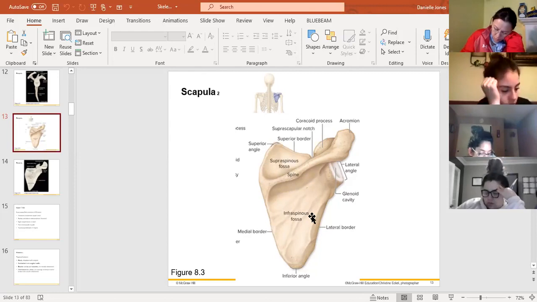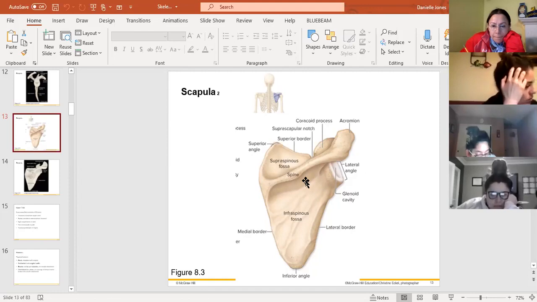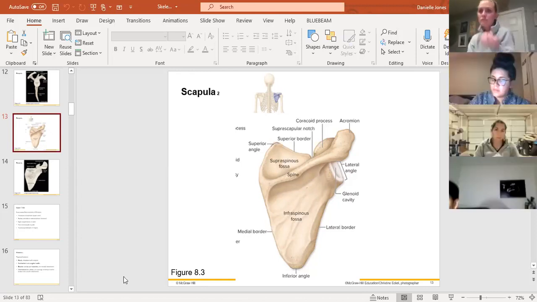Now, rights and lefts, how do you tell? My favorite way is to be able to see this view right here, this posterior view that we have. Now, if you look at this posterior view, you are not thinking about patient view because patient view is always in anatomical position. And what side do we look at with anatomical position?